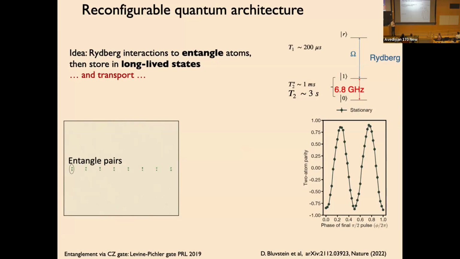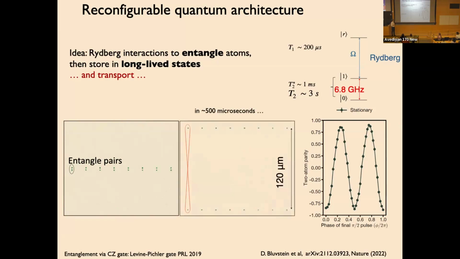But then, instead of just characterizing these Bell states in situ, you can take this atom pair, pull it apart, and separate the atoms by about 100 micrometers, and check again if the Bell state was preserved. In fact, what you see is that this Bell state is completely unaffected by the separation.